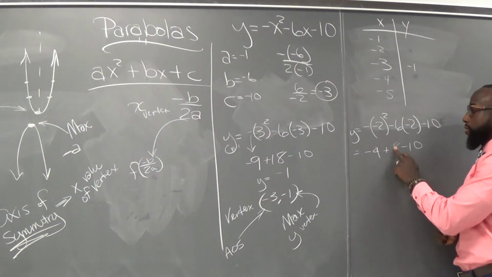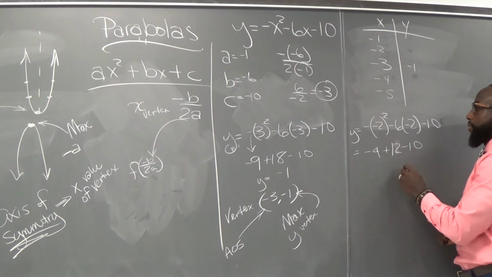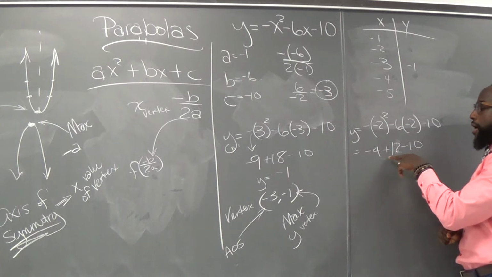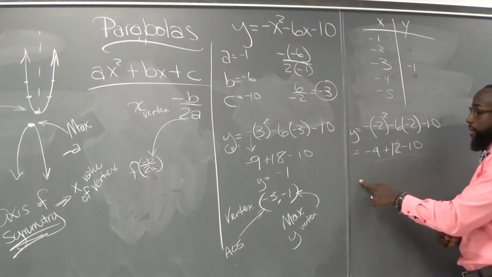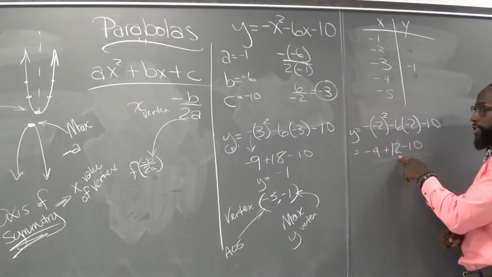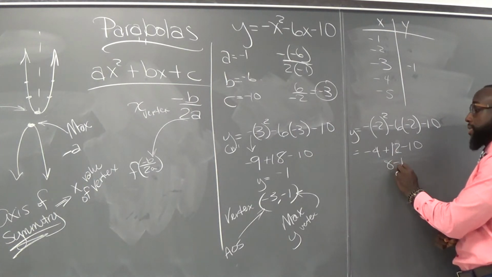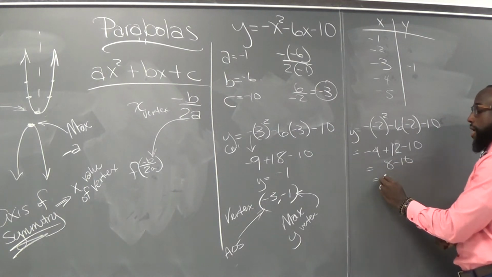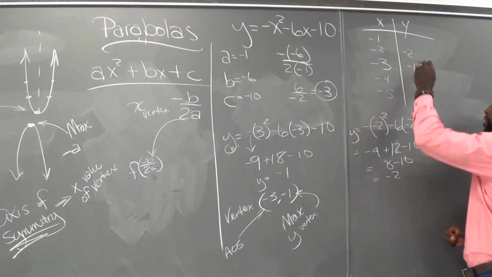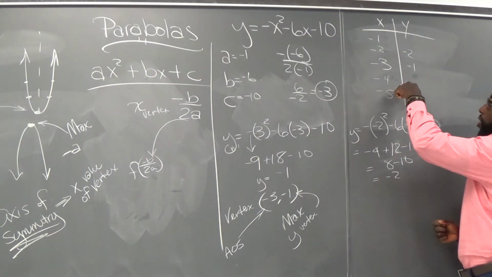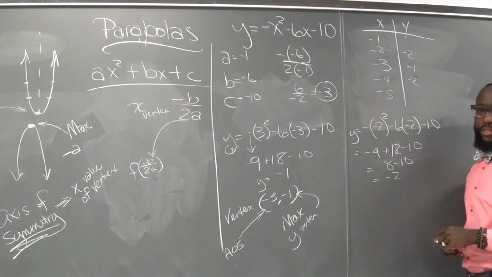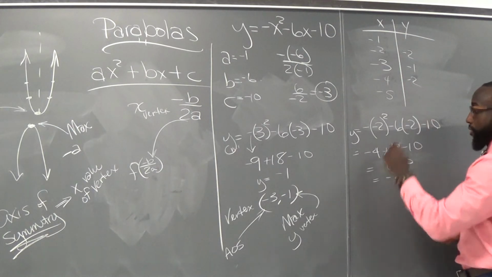You mean plus 12? 12, yeah. 12. Okay, I was looking at this 4. Alright, so we all good so far? Yes, sir. Alright, -4 plus 12 is 8. 8 minus 10, -2. So that's -2. Okay? This will also be -2, right? Because of symmetry.